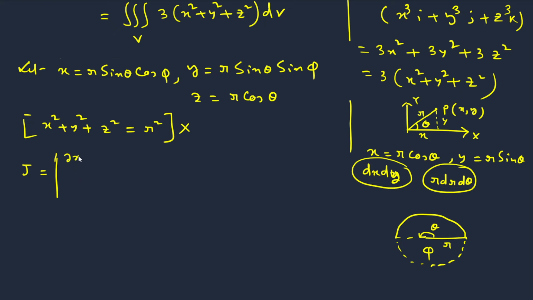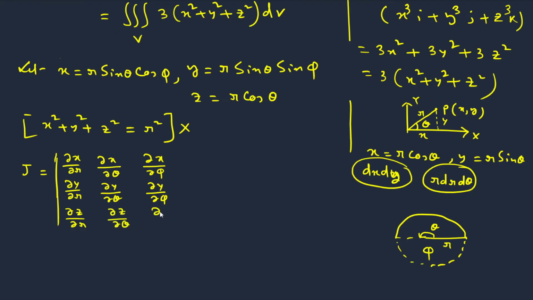So it's del x by del r, del x by del theta, and then del x by del phi. Similarly, del y by del r, del y by del theta, del y by del phi. Last one is del z by del r, then del z by del theta, and then del z by del phi. Okay.